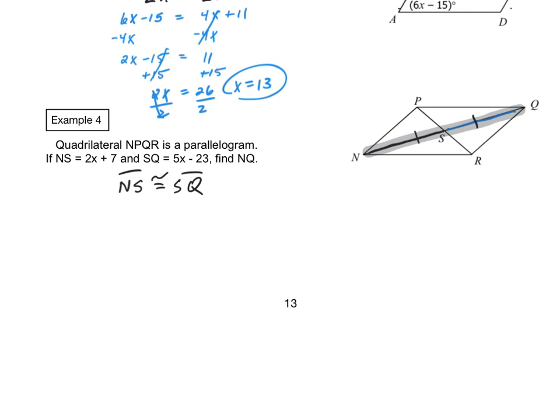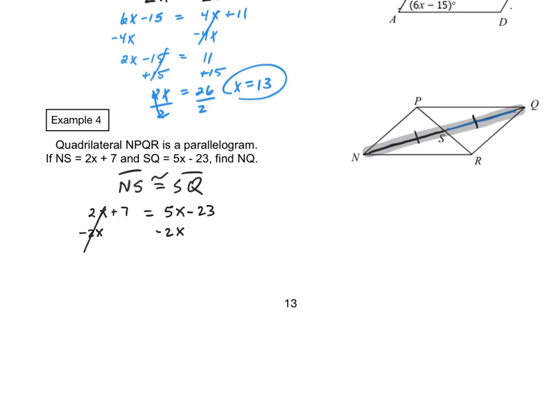NS is 2x plus 7, and that is equal to SQ, which is 5x minus 23. We can solve for x, and once we solve for x, we can figure out what the unit measure is for NQ. Combining like terms, I'm going to subtract 2x from both sides.